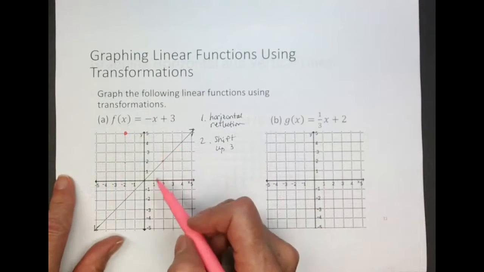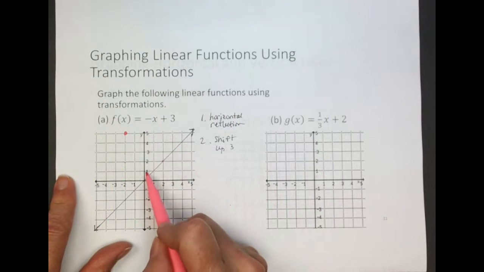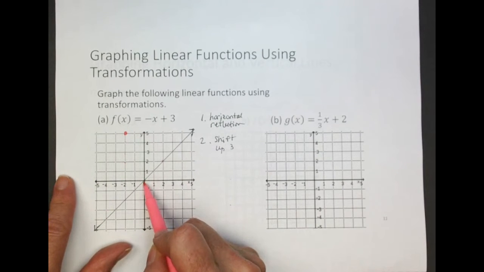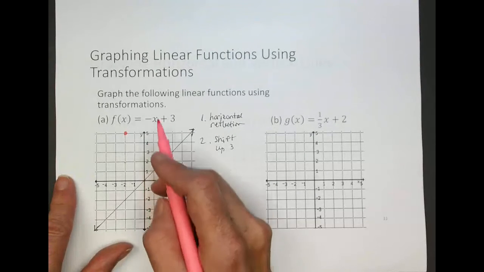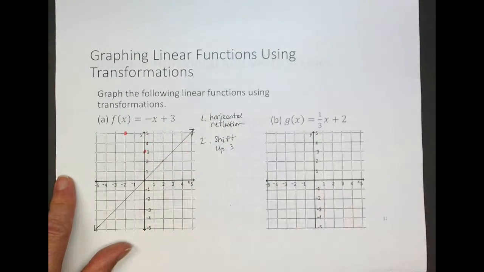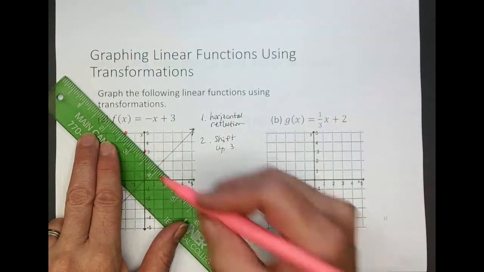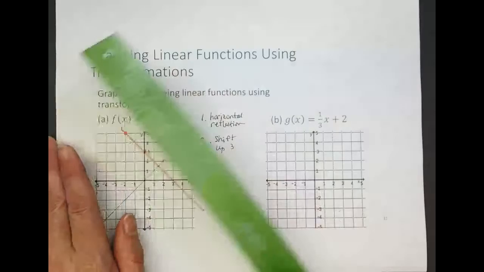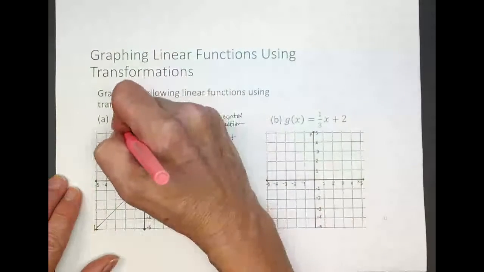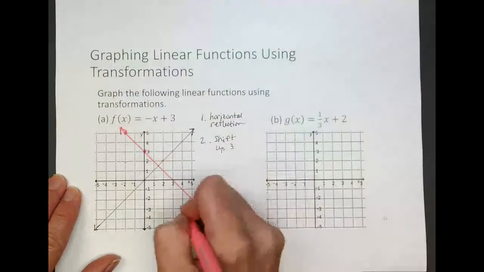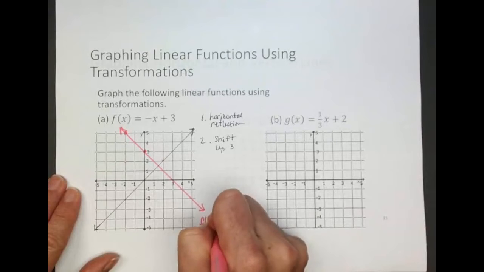Take some other point and transform it. How about the origin? When I reflect that horizontally, nothing happens. But I do want to move it up 3. I move it up 3, I get here, and then I can see that all I really need is 2 points here. There's the graph of my reflected line, or f of x.